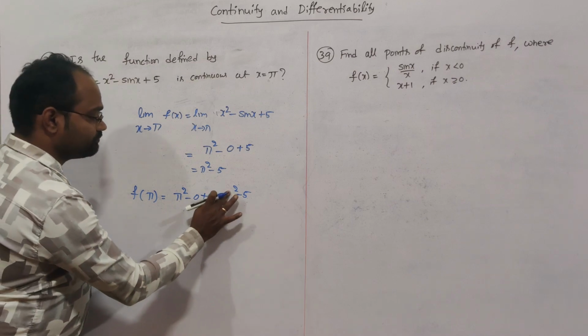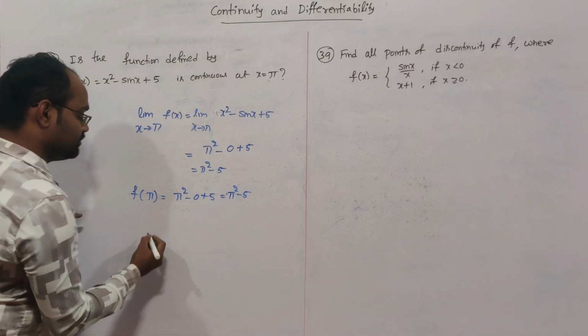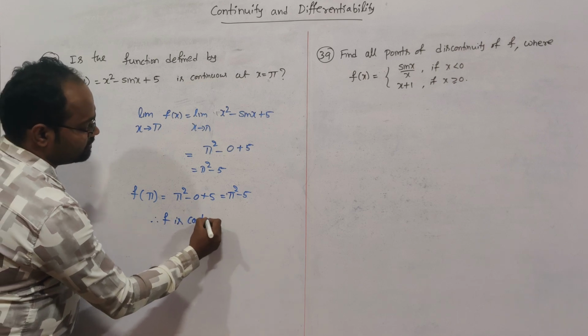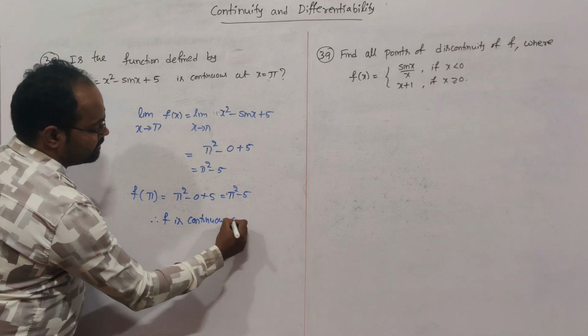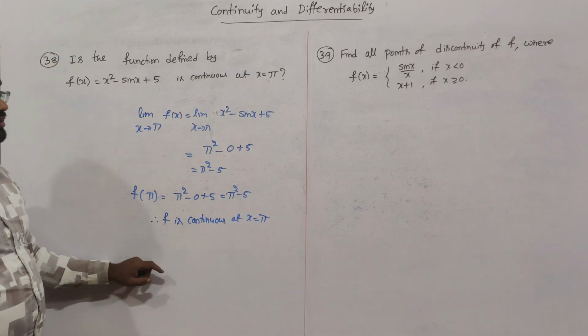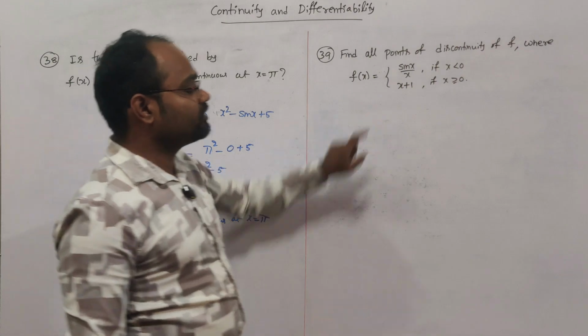So therefore f is continuous at x is equal to pi. Simple, right? This question is important for 4 marks.